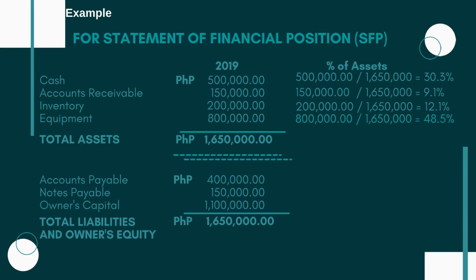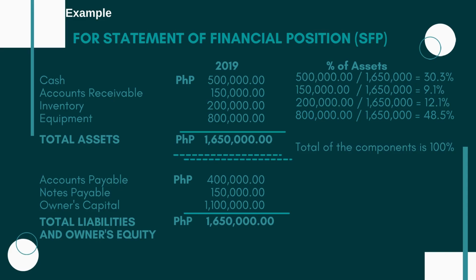In equipment, 800,000 divided by 1,650,000 equals 0.48 times 100 equals 48.5%. Total of the components is 100%.